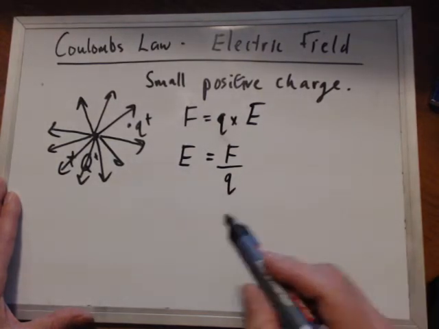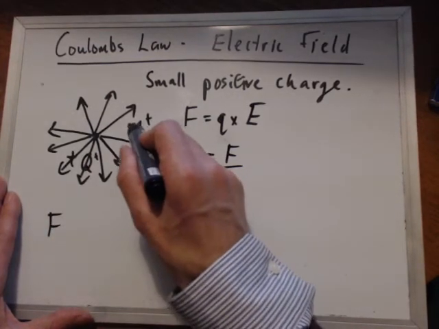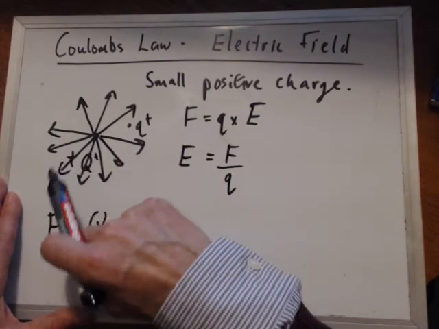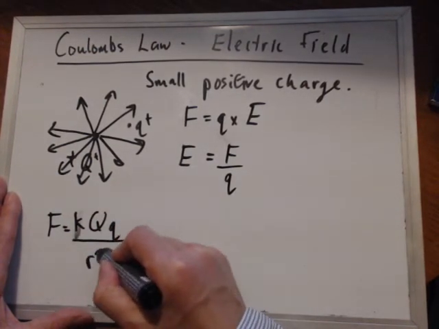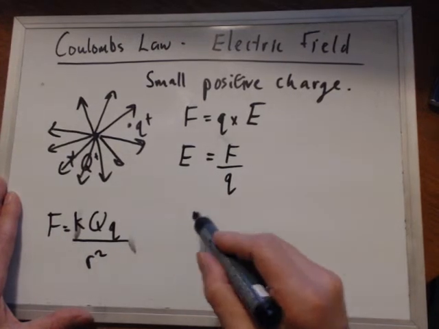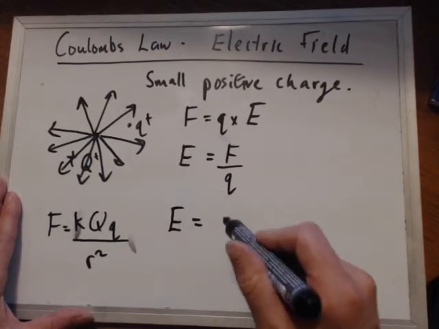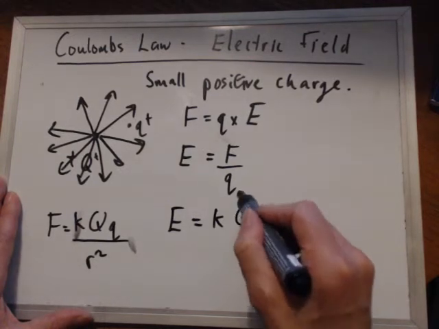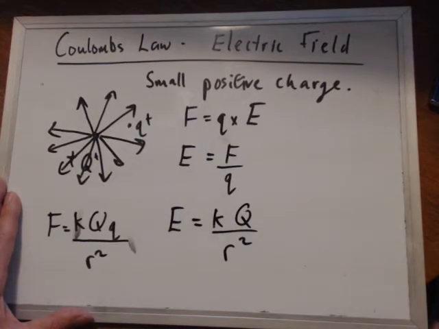So for instance, if we combine the idea of Coulomb's law, big Q times little q times a constant divided by the square of the distance between them, and the electric field is force per unit charge, the electric field strength around it would be equal to the constant times Q, so we're dividing by little q, all divided by r squared. And this would be the electric field strength.